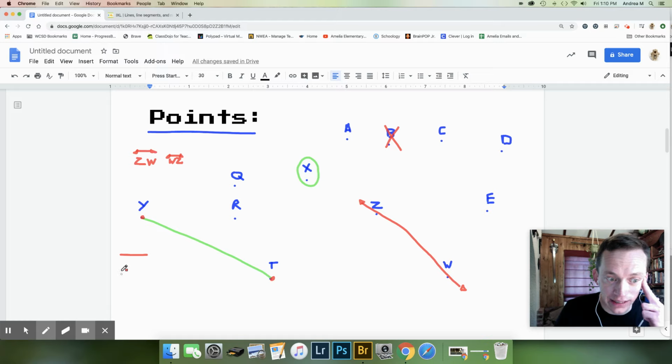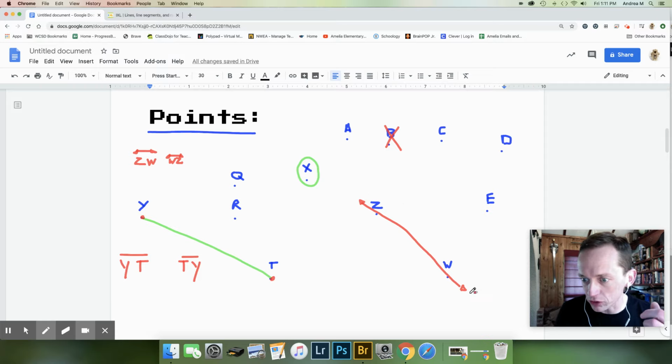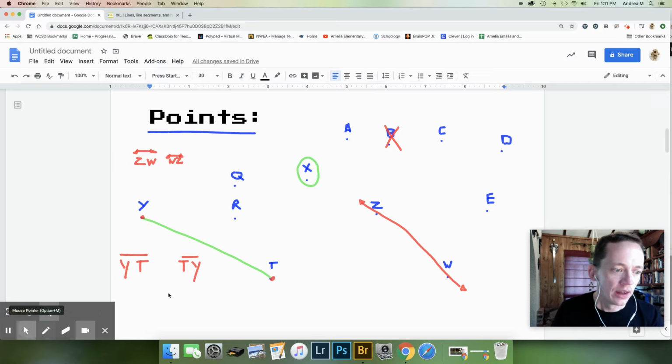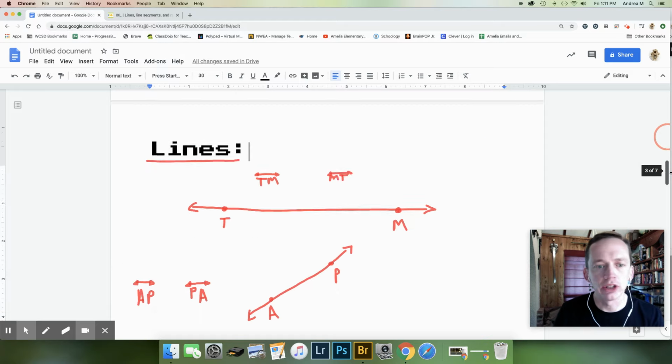So I could say, all right, that is line segment YT, or what's another name for it? Dora the Explorer moment. If you said TY, you are correct. YT or TY. This goes on forever and ever, never stops. That's what the arrows are showing us. No arrows, completely stops, ends, right? Begins, ends, right here.